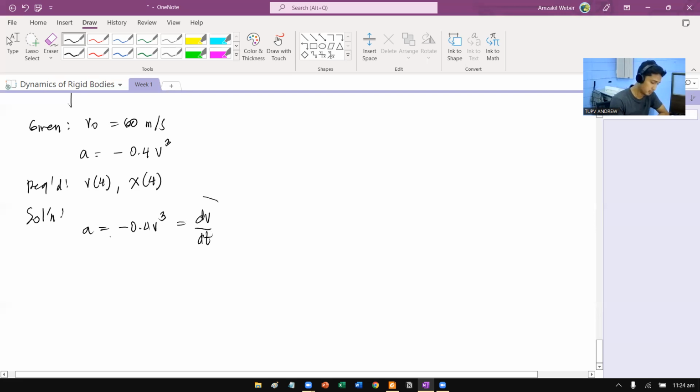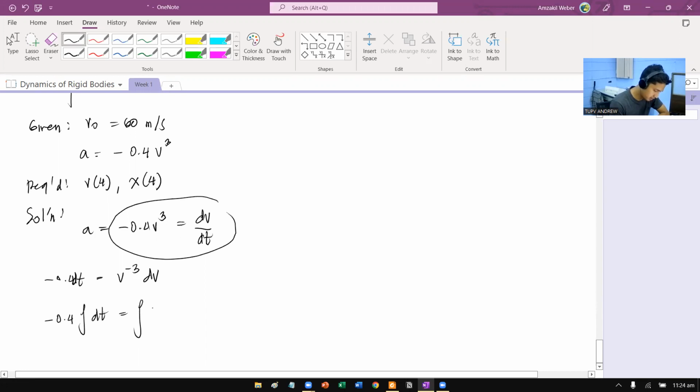And we can integrate this. So let's say -0.4 dt is equal to v^-3 dv. Let's integrate both sides.